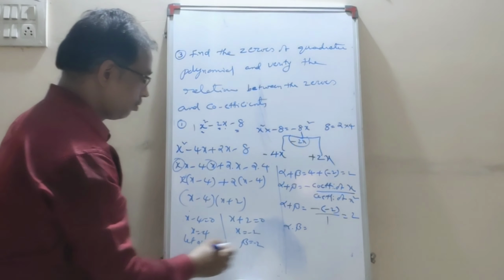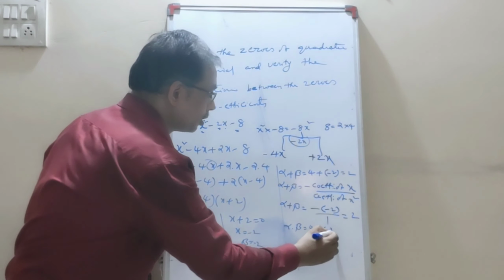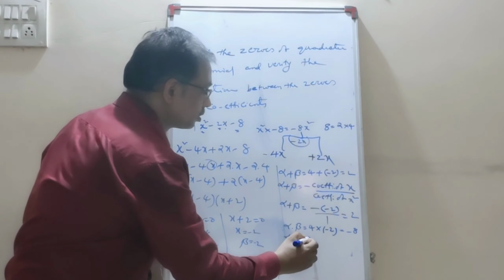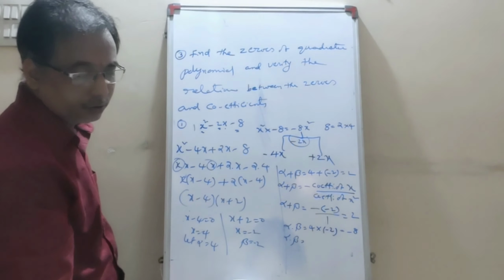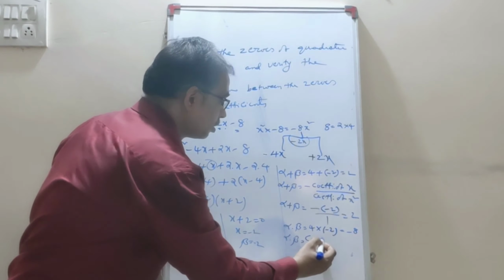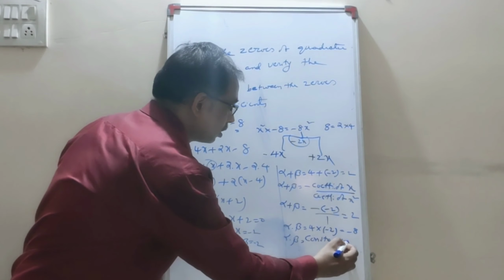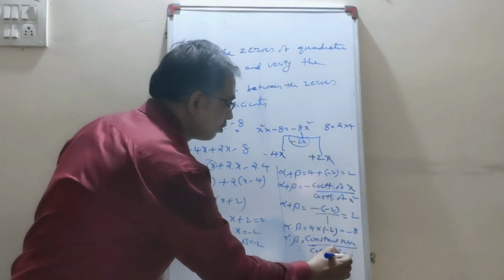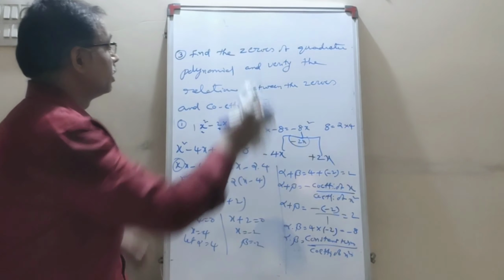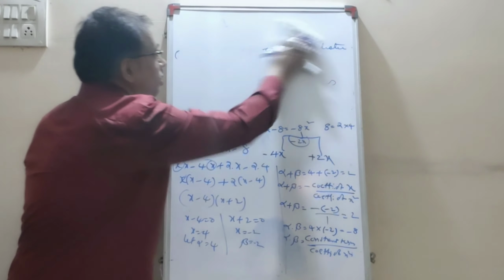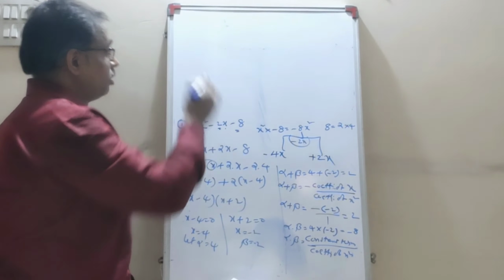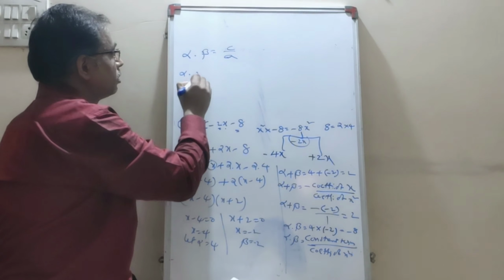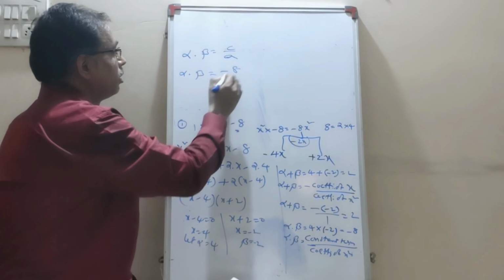Next, alpha into beta. Alpha into beta is simply 4 into minus 2, that is minus 8. And here the relation is c by a, it is constant term by coefficient of x square. So alpha into beta equal to c by a, that is minus 8 by 1.